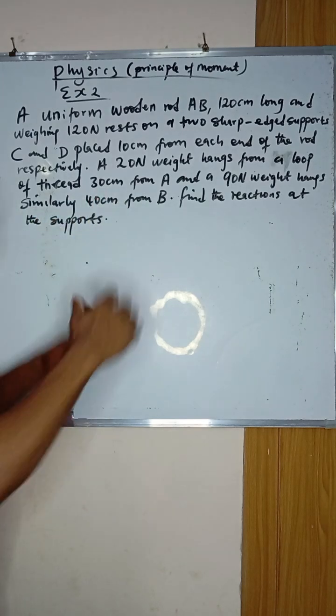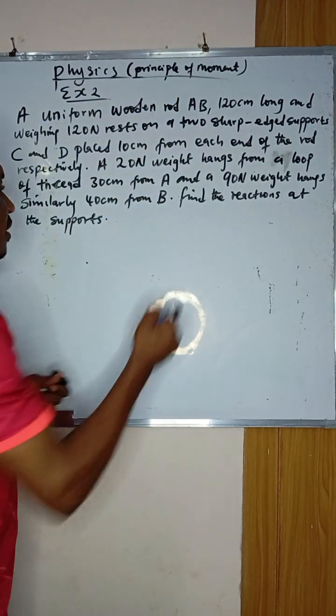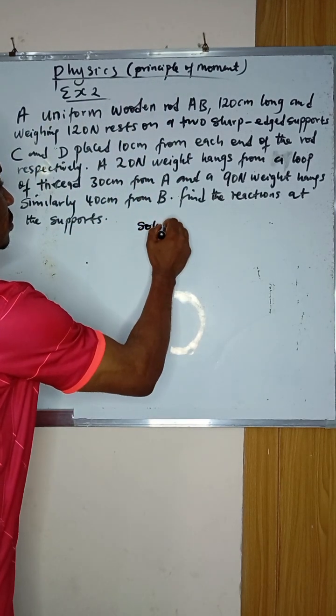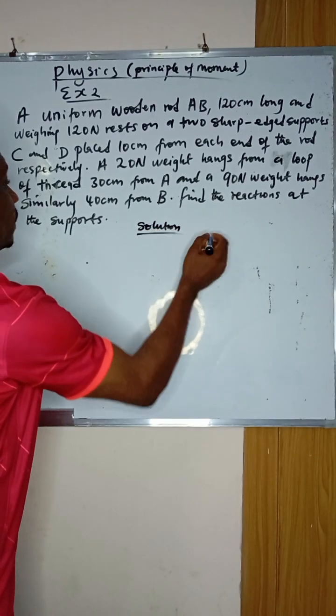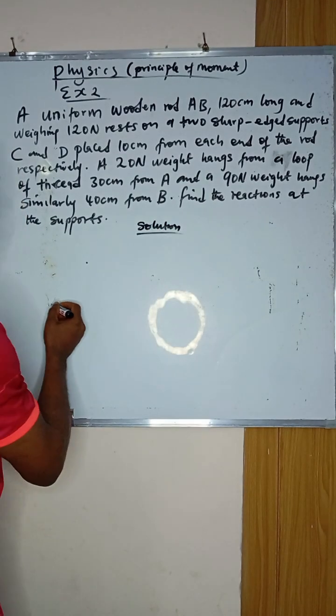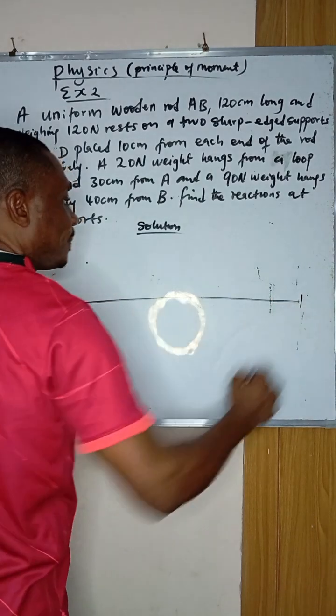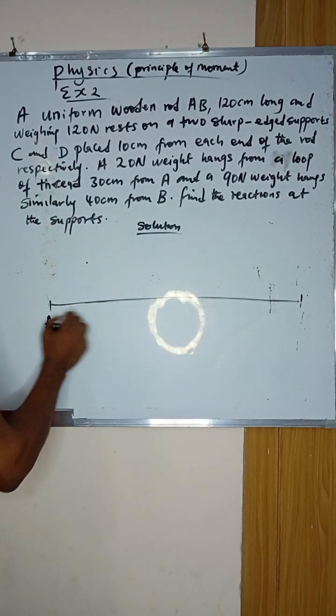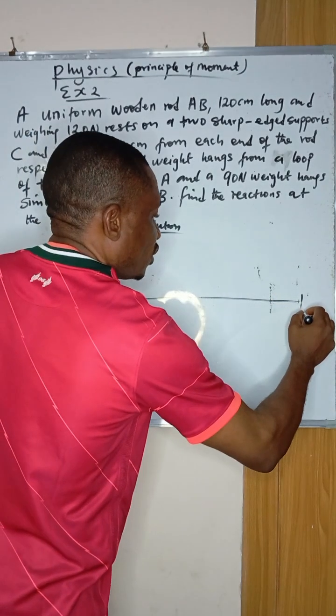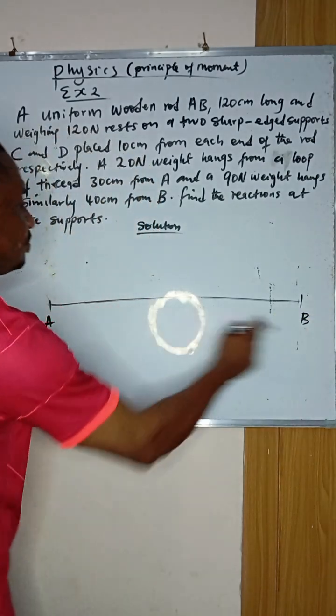To solve this, you have to transform this into a diagram. Solution. Now, this represents our wooden rod AB.